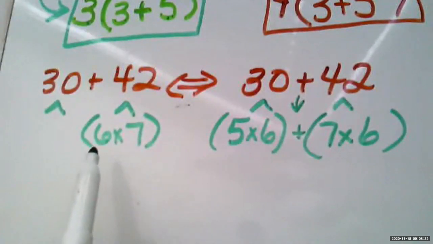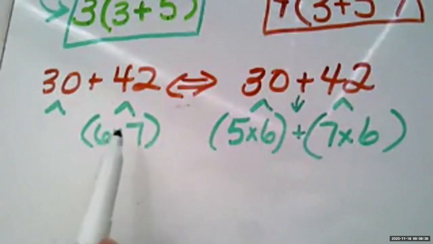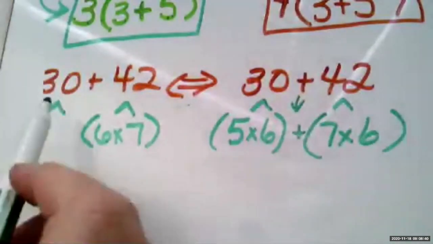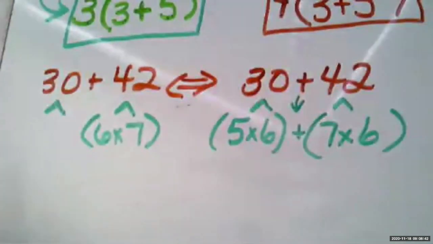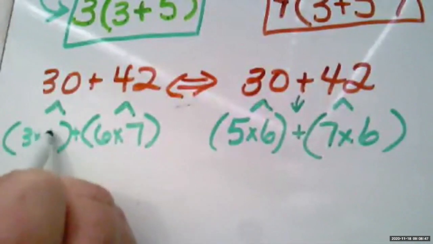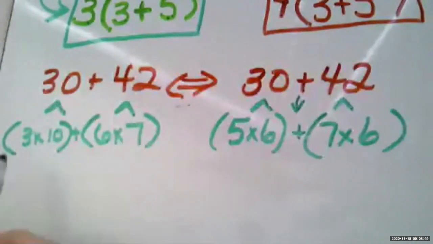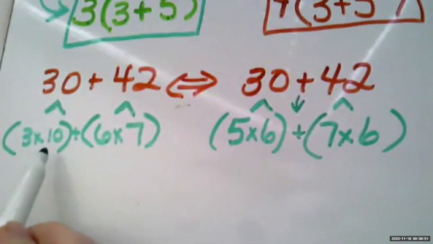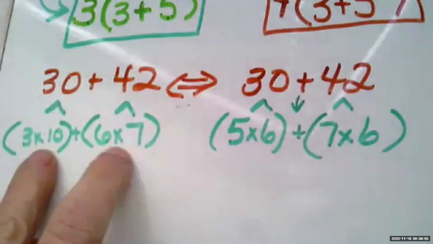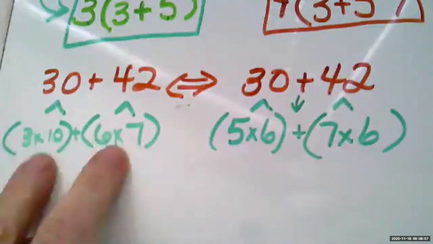I suppose you could say 21 times 2. However, 6 times 7 is the most common way to find 42. For 30, I saw some people say 3 times 10 is 30, and that is true, and they are all factors. But my question would be, do they have any common factors here?